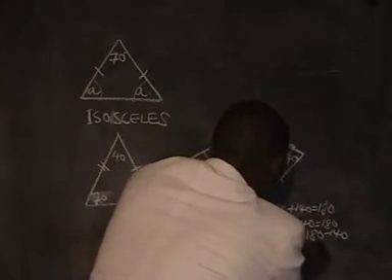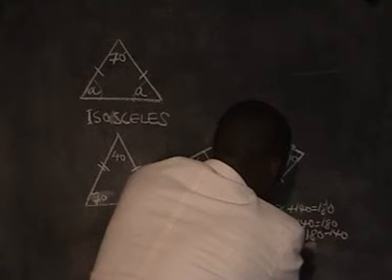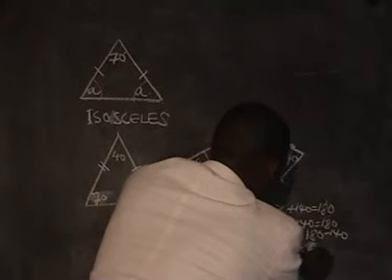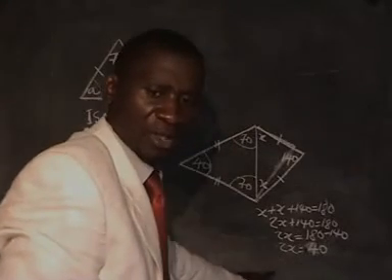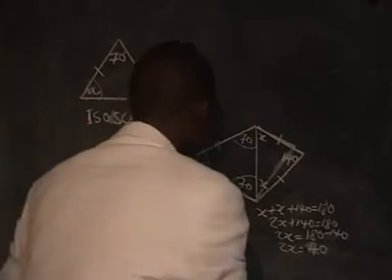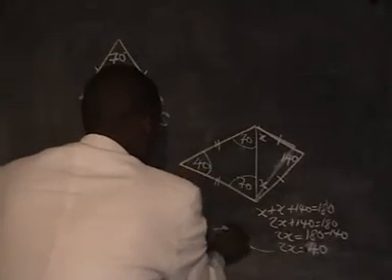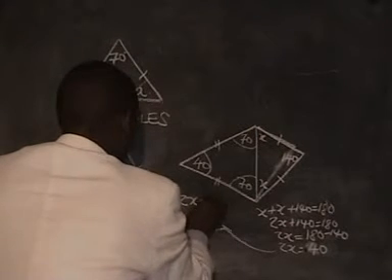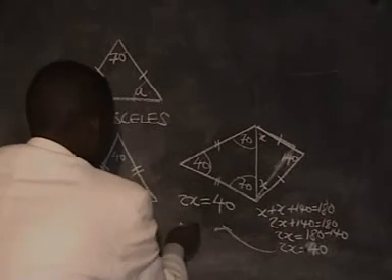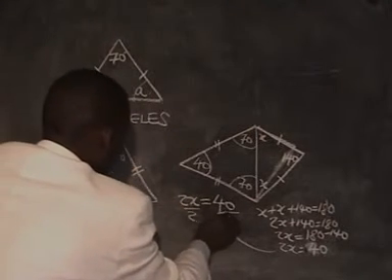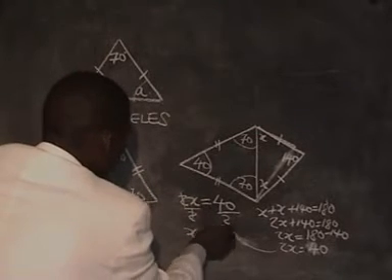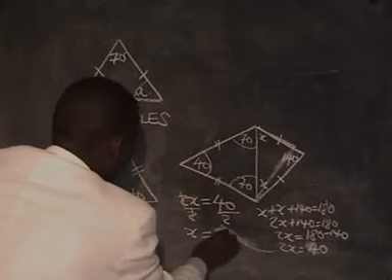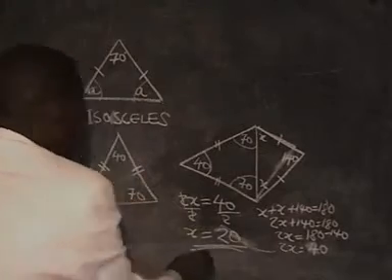You are going to get 40. So mind you, this is now 2x is equal to 40. So when you have 2x is equal to 40, let me transfer that. There, this is 2x is equal to 40. So what you are going to do is divide by 2 this side and by 2 this side. So 2 and 2 cancel, then x is equal to 40 divided by 2, you get 20. So x is equal to 20.